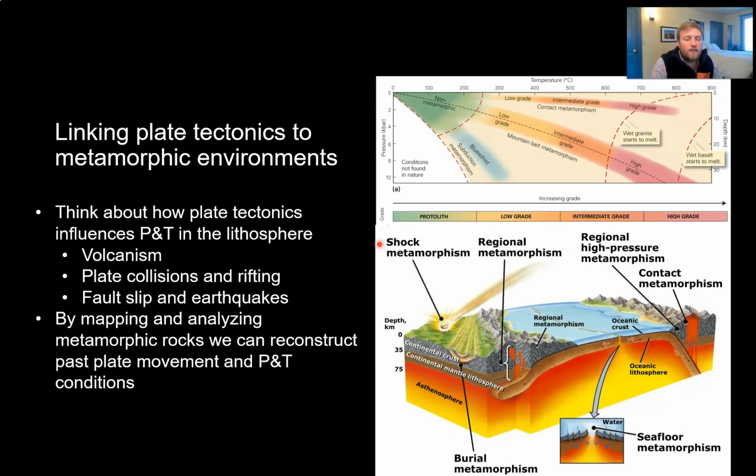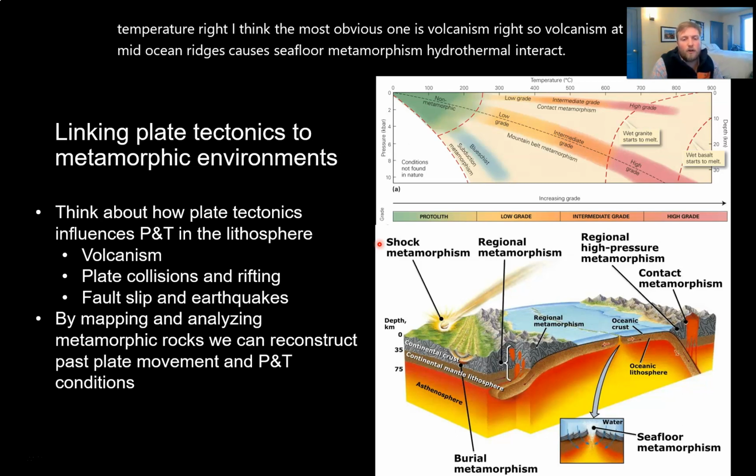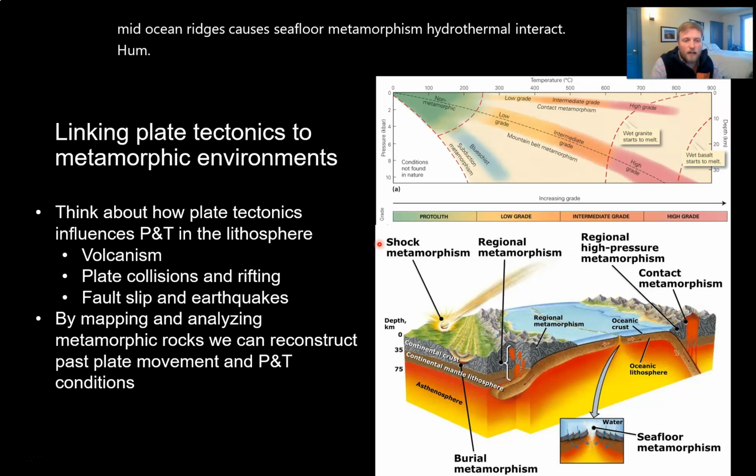So for changes in temperature, I think the most obvious one is volcanism, right? So volcanism at mid-ocean ridges causes seafloor metamorphism, hydrothermal alteration. Where volcanoes actually form, they can cause contact metamorphism, right? Sort of baking stuff around it.